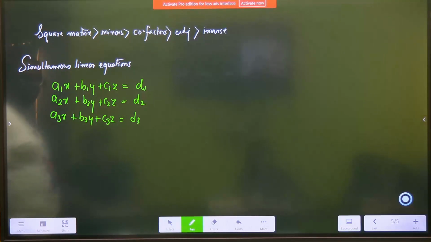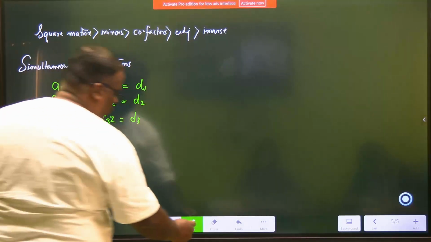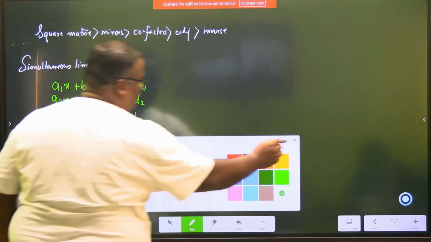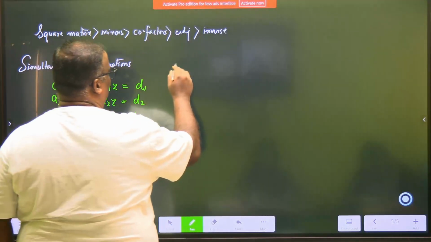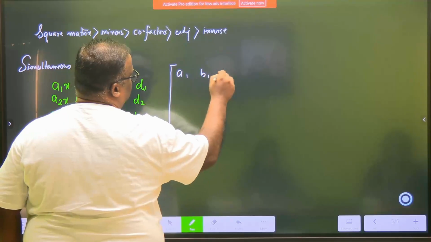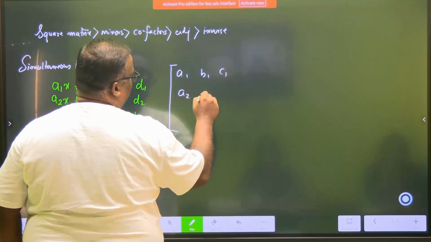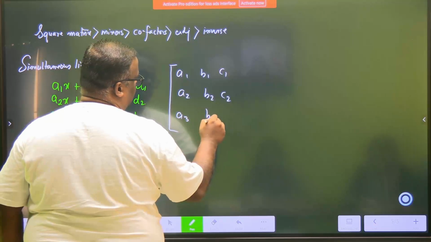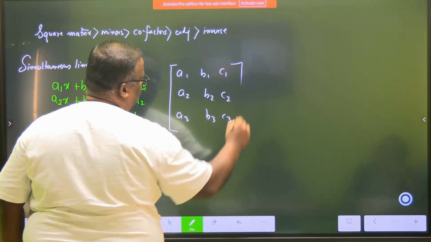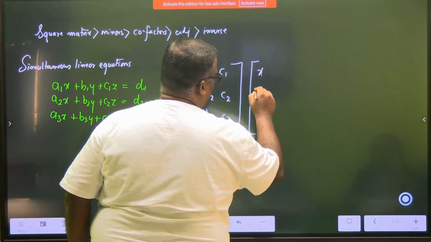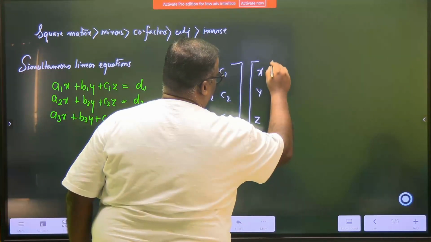Is this understood? Now, how do you set up your matrix for this? Your matrix setup is very easy. You will take all the coefficients a1, b1, c1, a2, b2, c2, a3, b3, c3, right? With this, we will have another matrix called x, y, z.